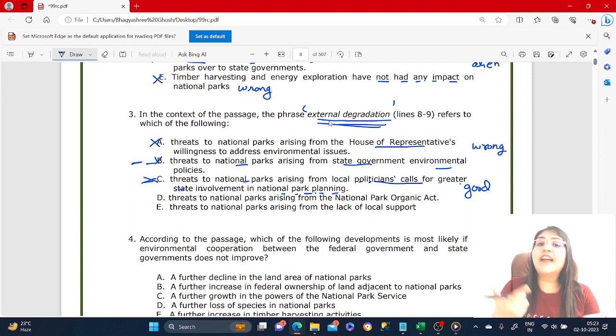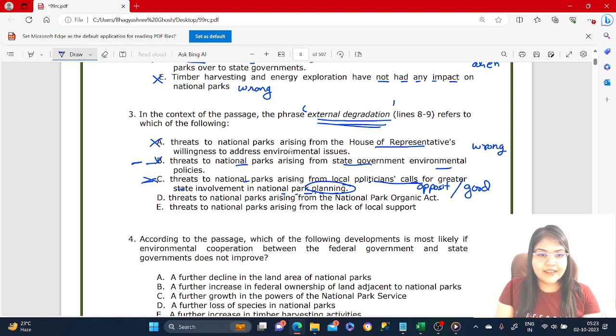What is the meaning of external degradation? It says local politicians are involved in national park planning. So C means the local politicians are trying to do good to the national park, but the passage suggested the opposite. In fact, this option is opposite to what the external degradation in the passage should mean.